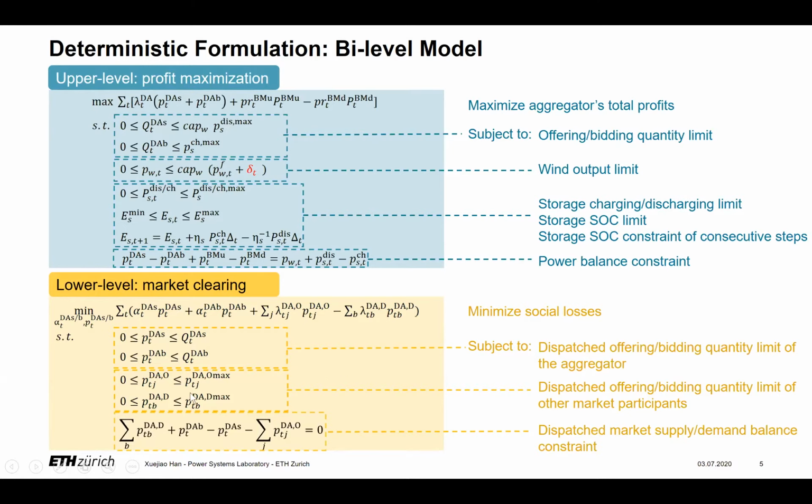The other market participants are assumed to be non-strategic, meaning that their bidding and offering quantities and prices are assumed to be fixed parameters. And finally, the dispatched market supply should be balanced with the dispatched market demand.